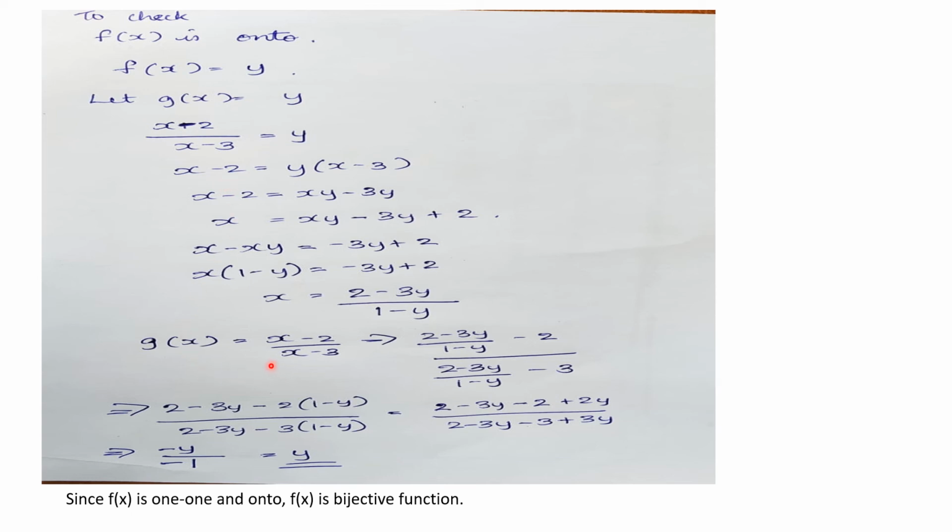So f of x is equal to (x minus 2) by (x minus 3), and we substitute the value of x in terms of y, that is x is substituted with (2 minus 3y) divided by (1 minus y), giving [(2 minus 3y) divided by (1 minus y) minus 2] divided by [(2 minus 3y) divided by (1 minus y) minus 3].